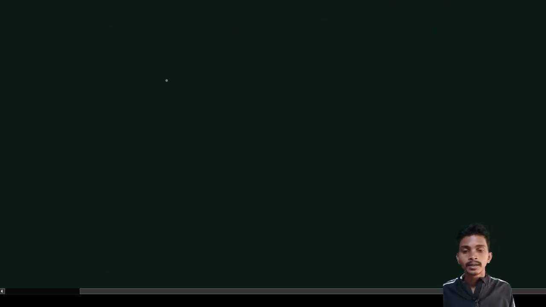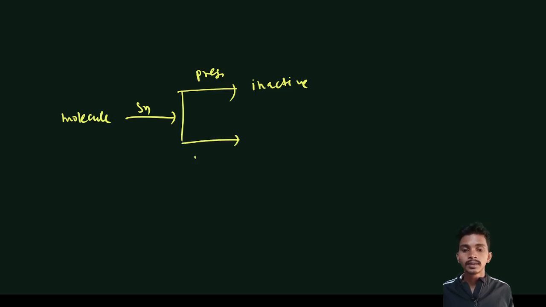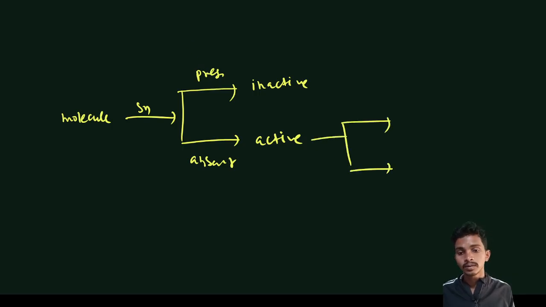Let's say a molecule: if the Sn axis is present, it is inactive, and if absent, it is active.